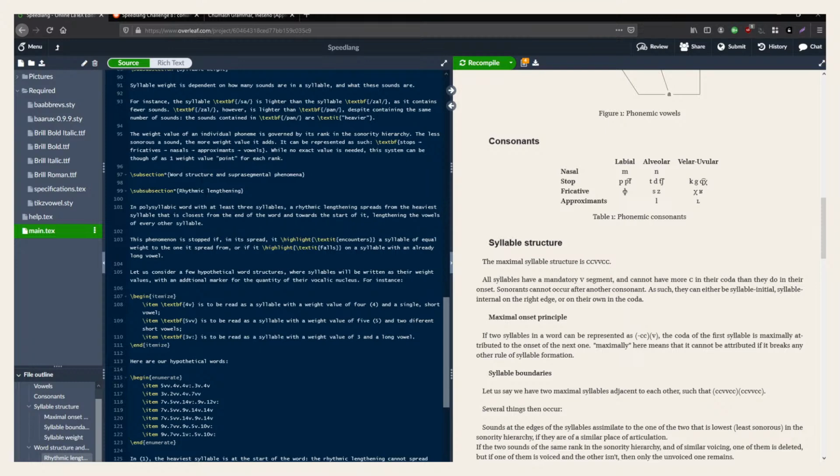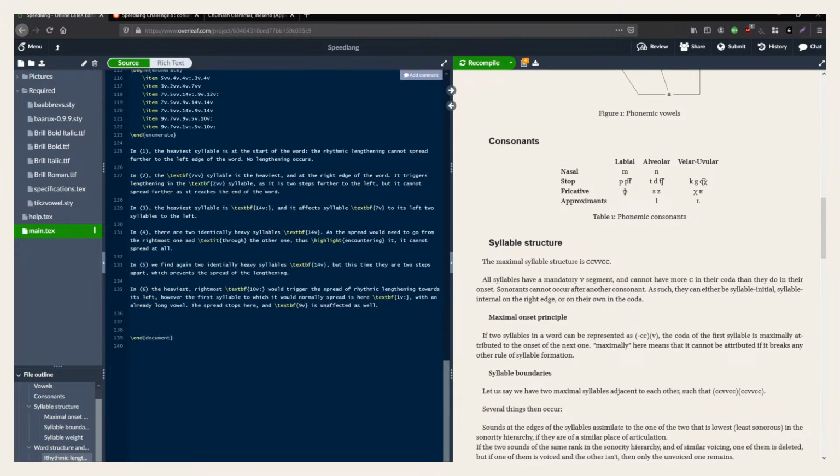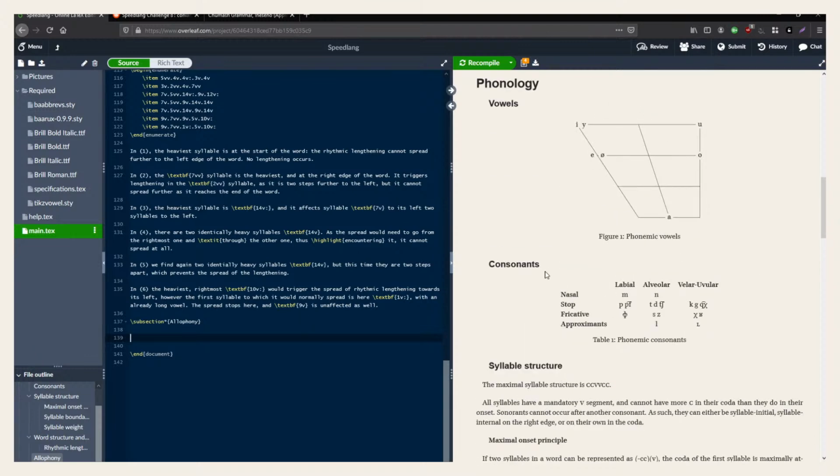And instead, I'm going to go with another subsection that is called allophony. And I'm going to fill that later on another stream because I've been at this for 2 hours.